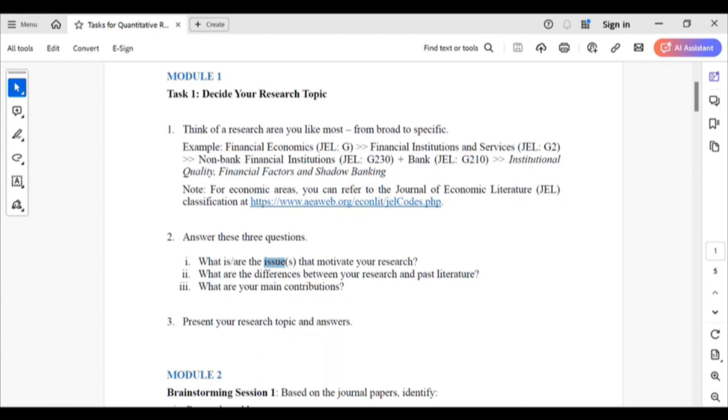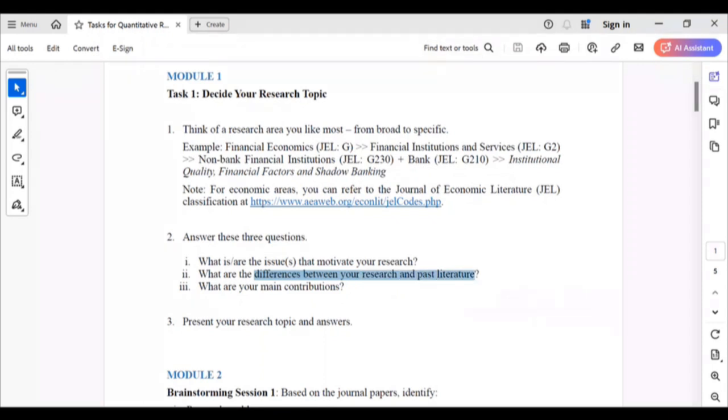This issue should be relevant, current, and nationwide or countrywide important, right? Important, for example, like growth issues, and it's something new. Then the second question: what are the differences between your research and the past literature?